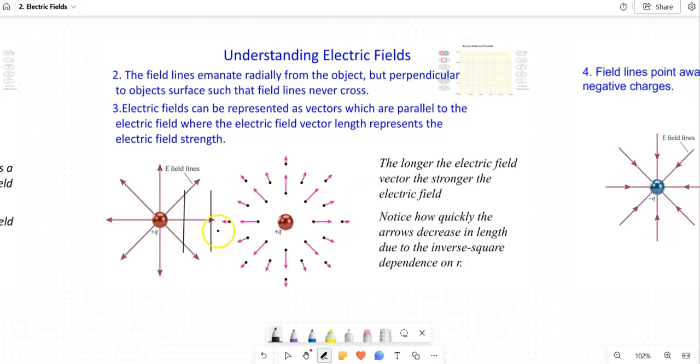See how there's only one vector going through the line for this chart, the electric field vector. There's only one line going through it, but this vector is representing 3 electric field lines going through it, right? So that's the relationship to flux and how the electric field lines and the electric field vectors are represented.